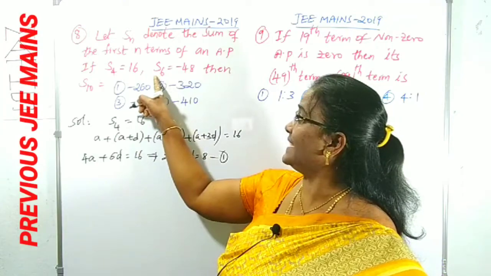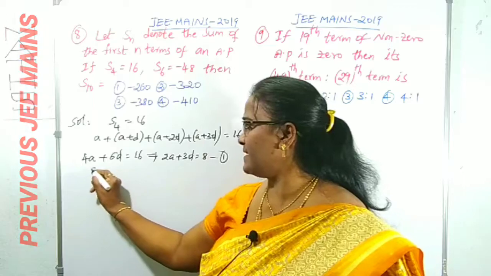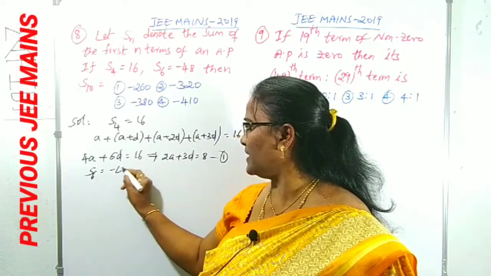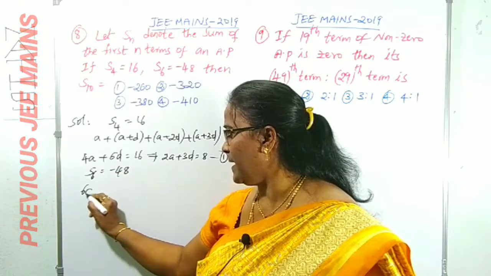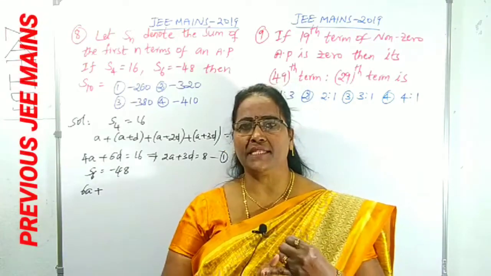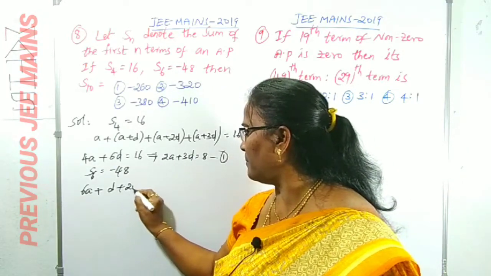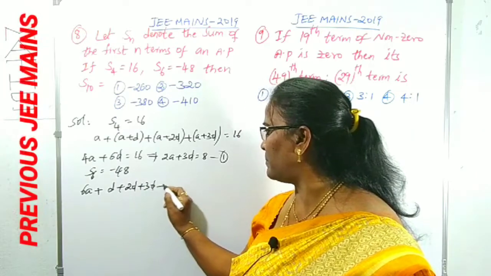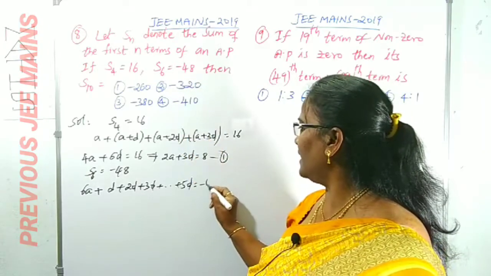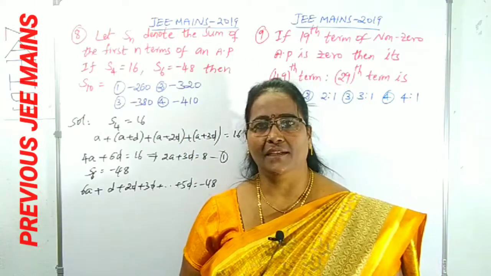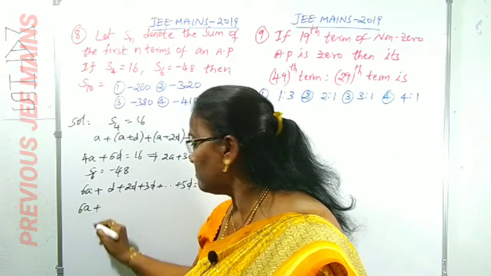Now what is next? S6 is minus 48. S6 means what? There will be 6 A's, that is 6A plus D, plus 2D, plus 3D, up to 5D, is equal to minus 48. Like that we can collect the terms easily. Now we can observe that for 6A, there will be some higher terms.